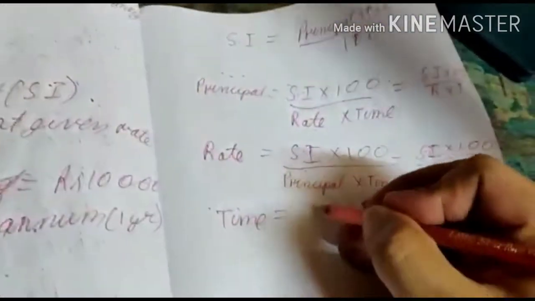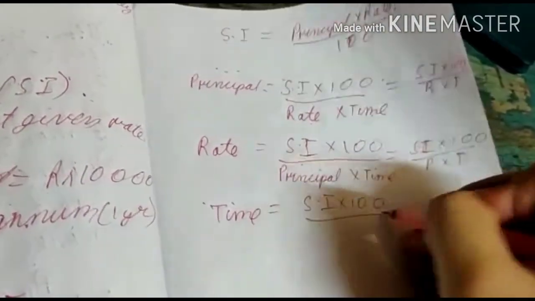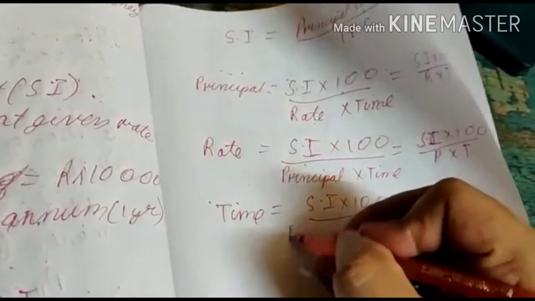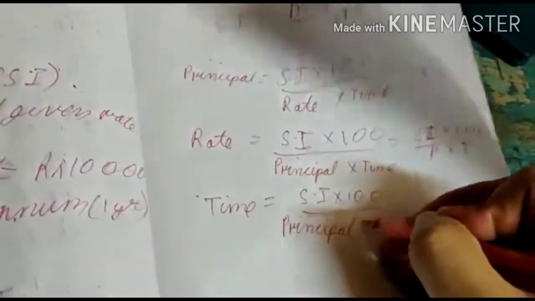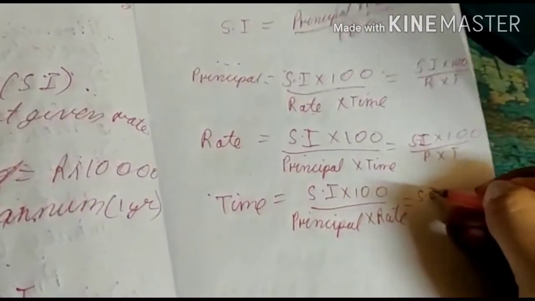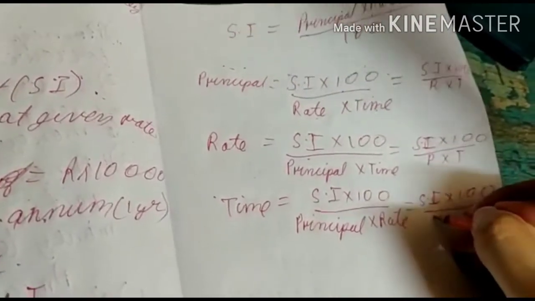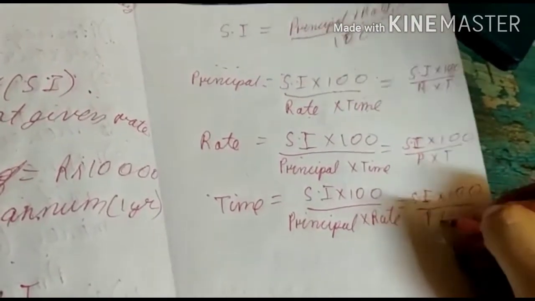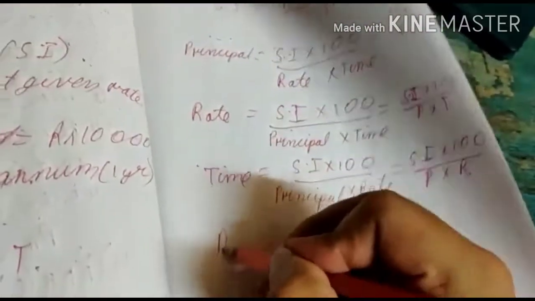Time can be written as SI into 100 upon principal into rate, that is SI into 100 upon P into R.